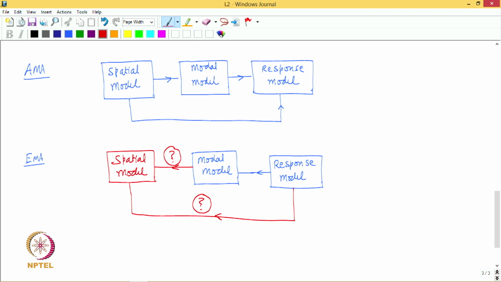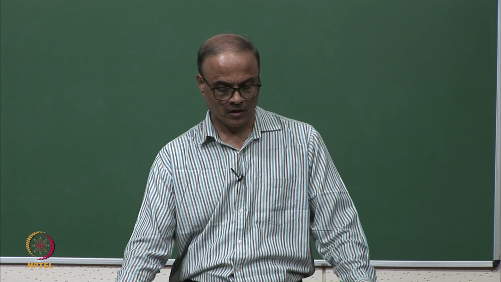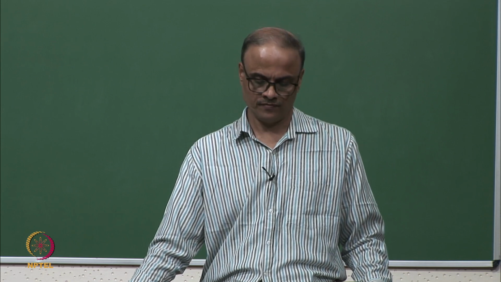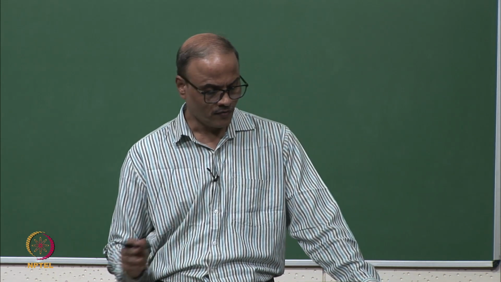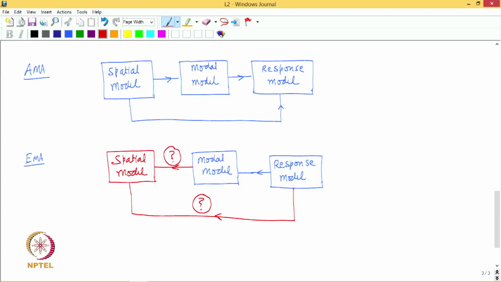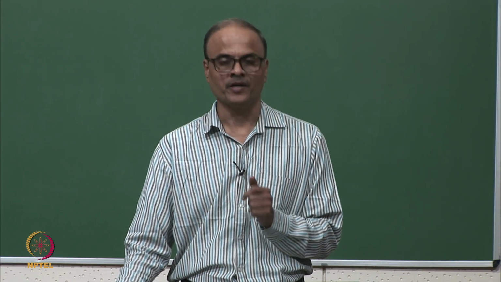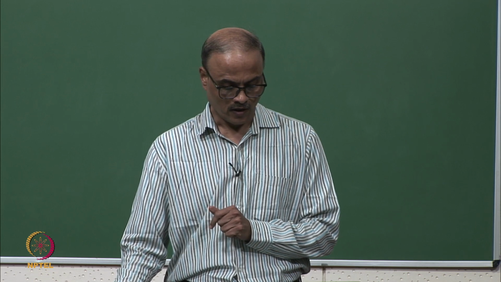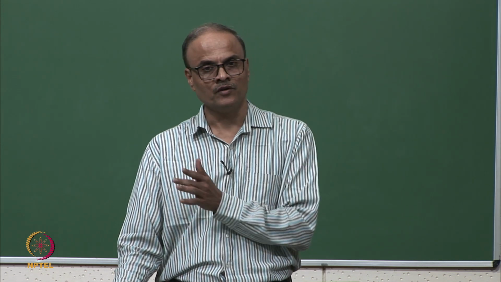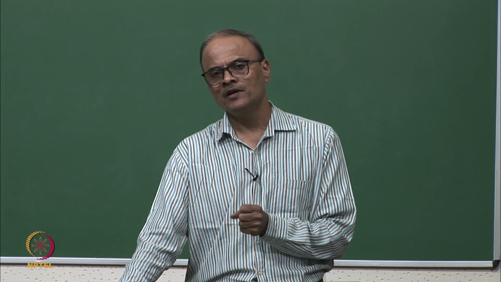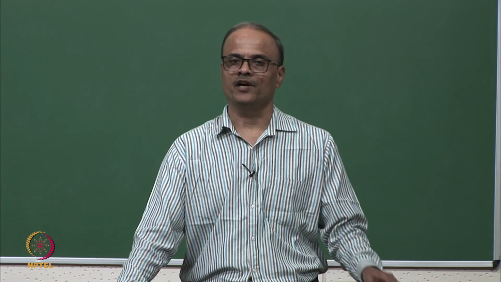Because of the incompleteness of that data, the spatial model cannot be obtained from the limited data which we measure. So, this is essentially the difference between analytical model analysis and experimental model analysis. In analytical model analysis, we follow a forward path. We start from the spatial model and then go on to obtain the modal model and response model. And in experimental model analysis, we follow an inverse approach or route, in which we measure the responses and the response model, from which the modal model is then derived.